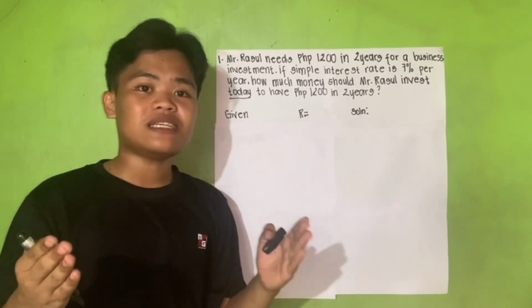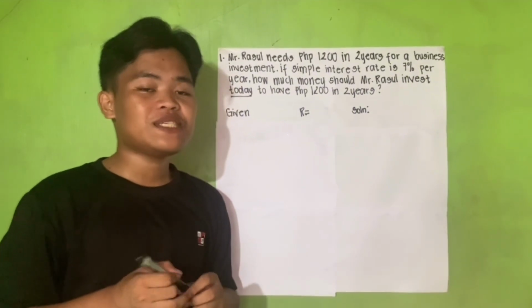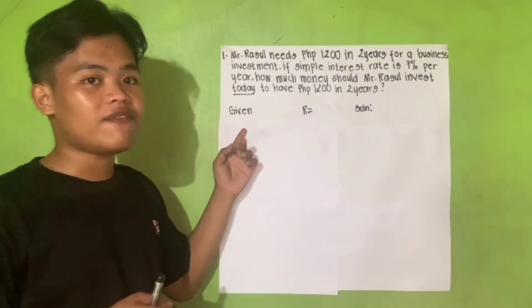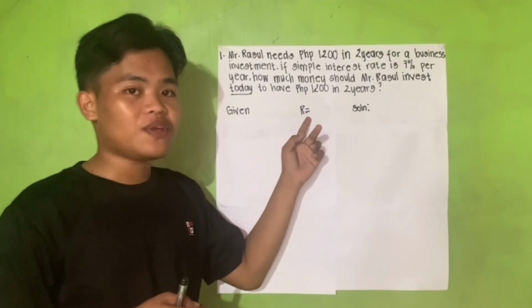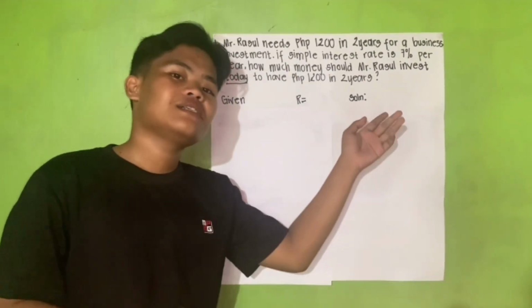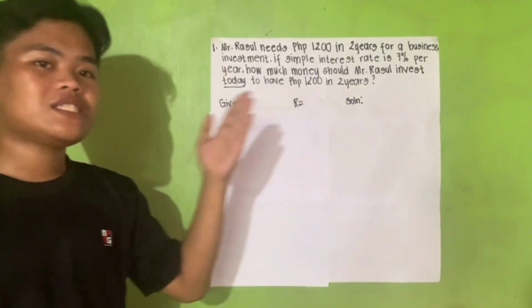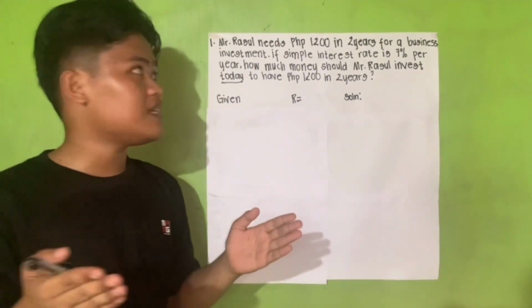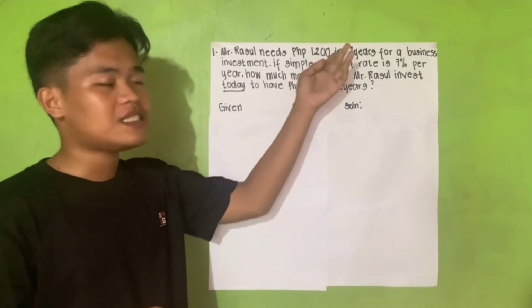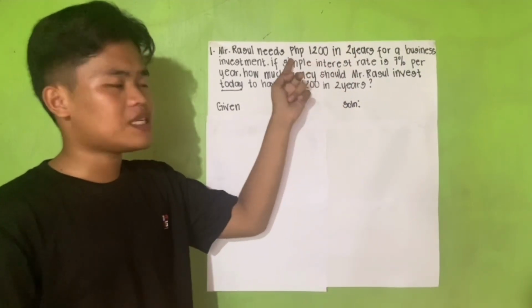So to solve this, let us use the GRS method. G stands for given, R stands for required, or kung ano yung hinahanap natin, then the solution. Okay, so first let's find what is given here. The first given here is the 1,200 pesos.